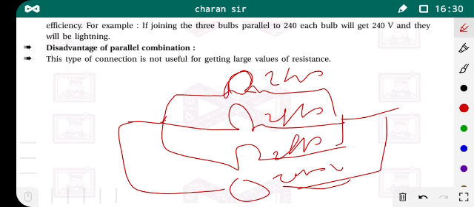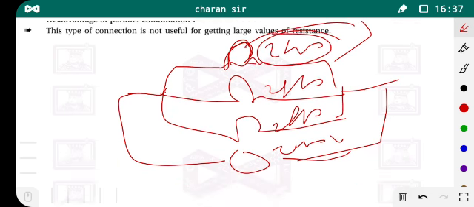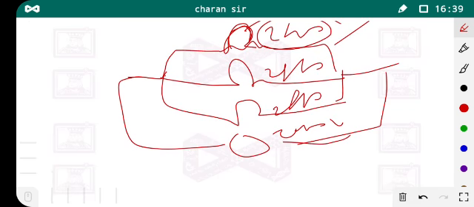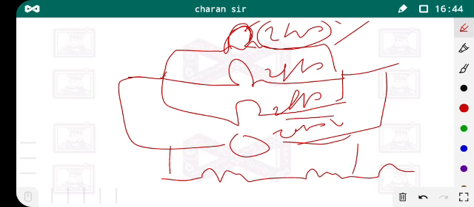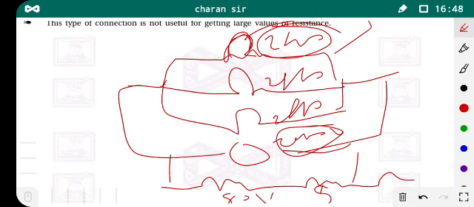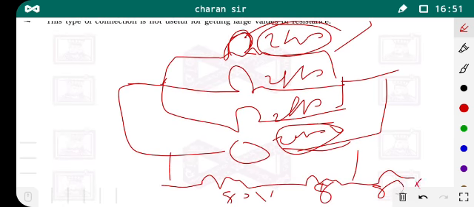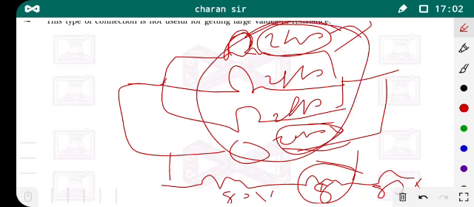That means each and every electric bulb gets enough energy, so they can be lighted. But in series combination we know that the voltage is divided among the devices, so when we apply 240, each bulb gets only 80 volt. So these bulbs are less bright, and the efficiency of the light will be less compared to the parallel combination. This is one most important advantage of the parallel combination.